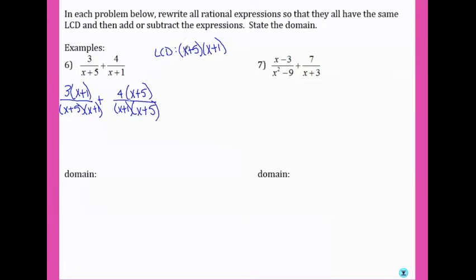Our LCD is what we're going to look at for our domain. So for this one, x cannot equal negative 5 and negative 1. The next thing we need to do is distribute in our numerators. So we get 3x plus 3 plus 4x plus 20 all over our LCD.